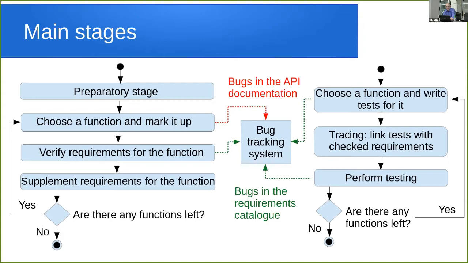And the first stage of our process is called the preparatory stage, and the main actor at this stage is the technical project manager. He assigns priorities to the functions from the API documentation.